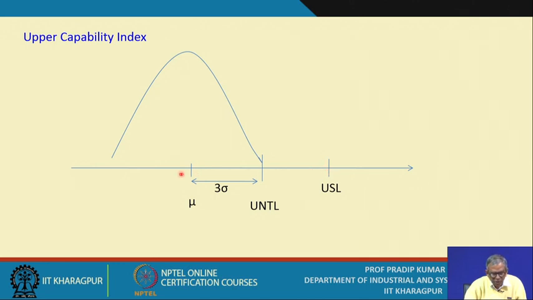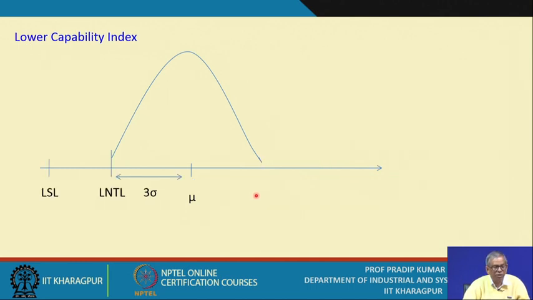So, USL minus mu is actually the allowed spread, but what you have is that UNTL and mu, that means the process should be restricted within this limit. Is it okay? So, that is why when we compute the upper capability index, we refer to this particular figure. Similarly, when you refer to the lower capability index, you have the LSL over here and the mu. Now, any value between this and this is acceptable to you.